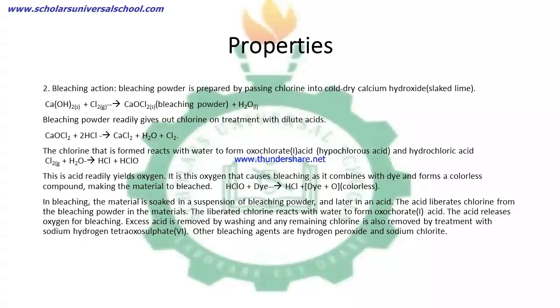We also have other bleaching agents that we can use instead of chlorine gas. You can make use of hydrogen peroxide, sodium chlorate, and also sulfur(IV) oxide, which is also a gas.